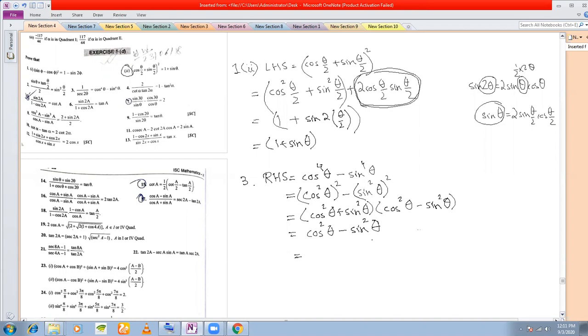Now what about this cos square theta minus sine square theta? Multiple angle formula once again. Cos 2 theta is equal to cos square theta minus sine square theta. That means this angle that you are getting is half of this angle.